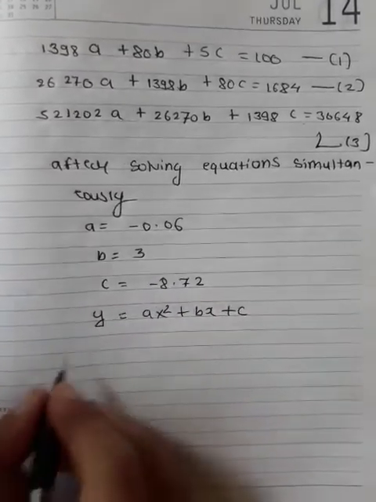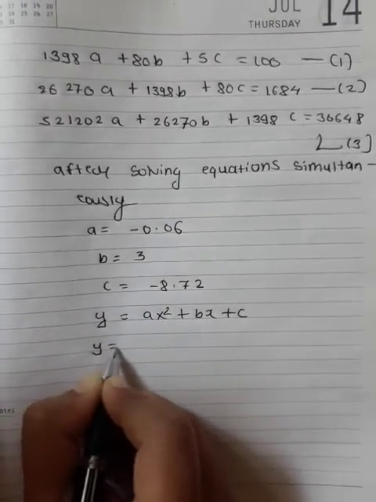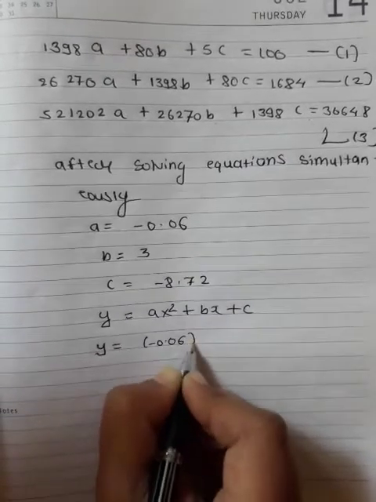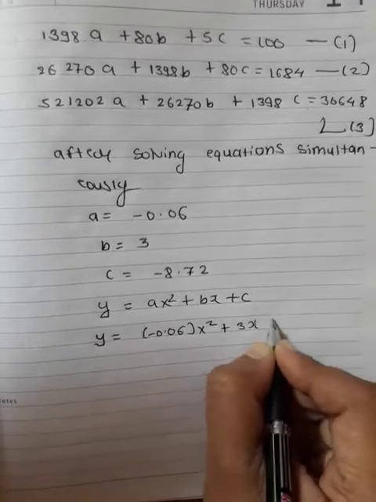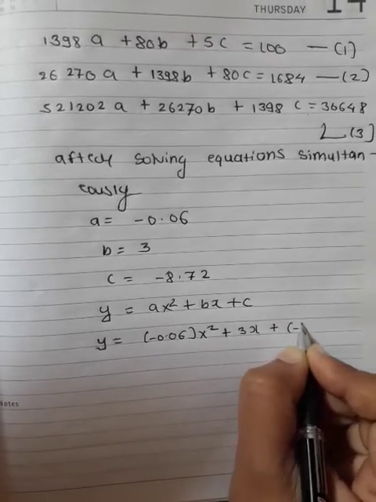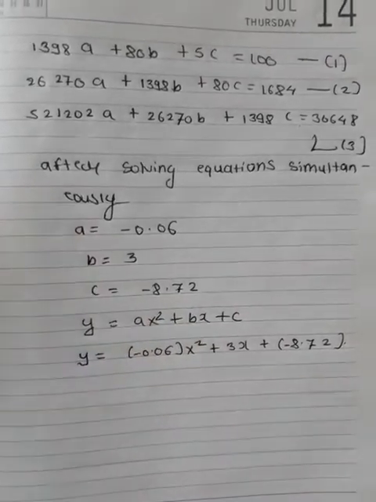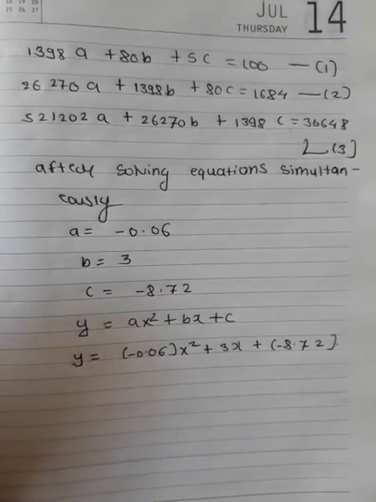Put the values of these three unknowns in this equation. So y is equal to minus 0.06 x square plus 3x plus in bracket minus 8.72. So this is the equation for the parabola.